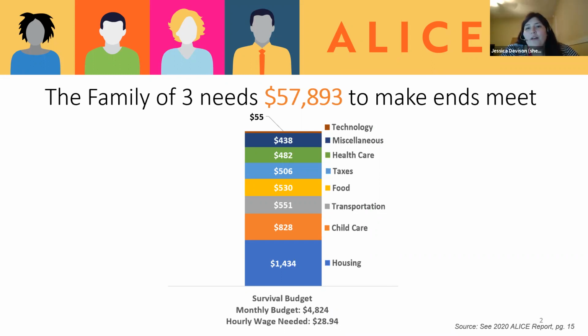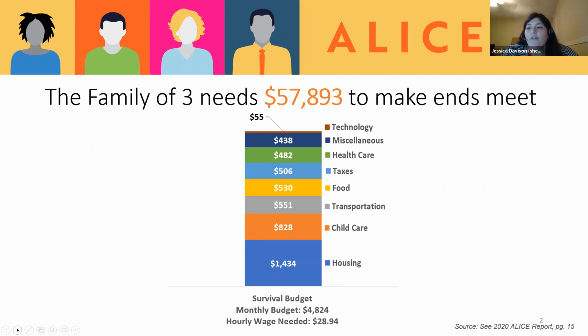The ALICE survival budget is bare bones, real world, conservative estimates for what it takes to make ends meet. Here you'll see a family of 3, a single parent with a preschooler and a school-age child, that needs about $57,893 to make ends meet annually, which boils down to about $4,800 on a monthly budget.